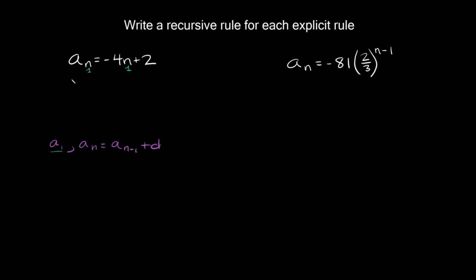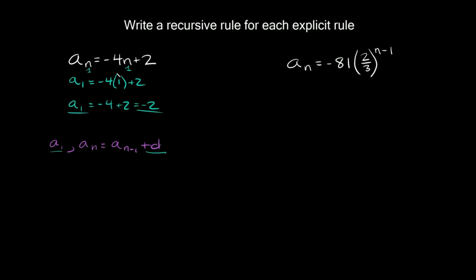So we're going to say that a sub 1 is equal to negative 4 times 1 plus 2. So a sub 1 is equal to negative 4 plus 2, and that's equal to negative 2. So a sub 1 is equal to negative 2, and that's what we're going to plug in for our a sub 1. The last thing we have to figure out is this d part, so plus d.